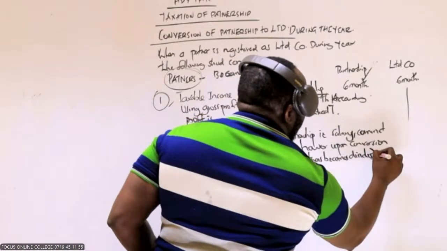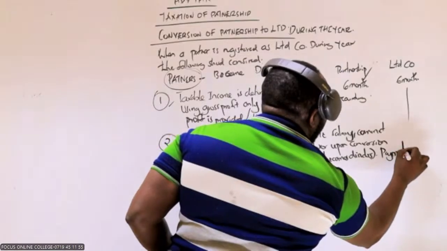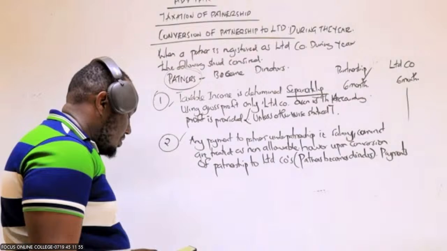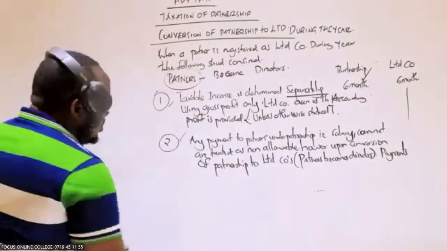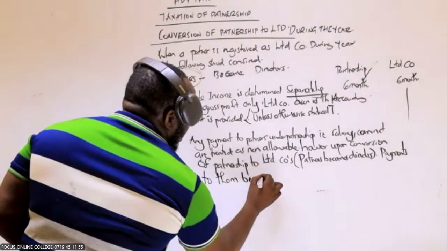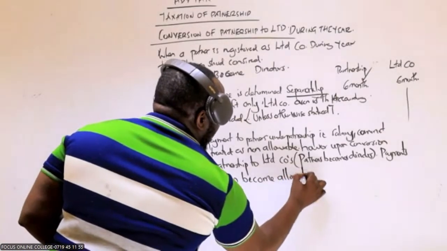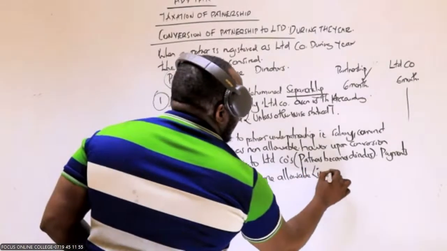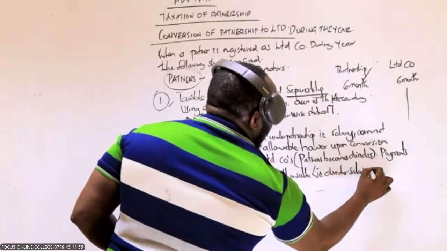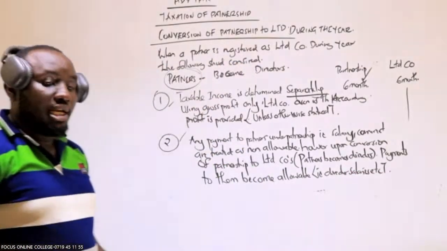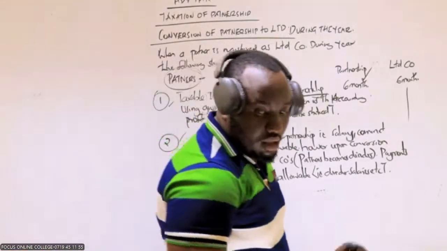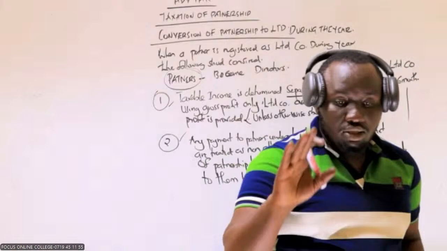And we now need to understand that payments to them become allowable. And then you can have e.g. directors' salaries, etc. I hope this point 2 is also very clear. Is that point 2 clear? Together.